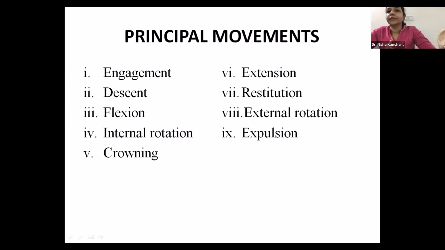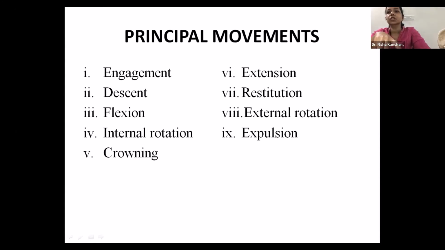Now you have to remember the diameters of the pelvis. Now in the pelvic inlet, which is the largest diameter? Is it anteroposterior, transverse, or oblique? Among these three, which is the largest diameter? Yes, the transverse diameter.